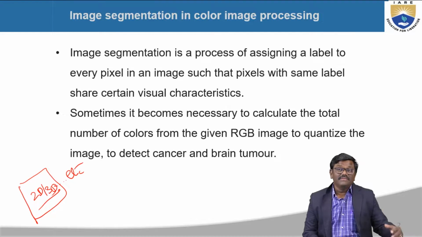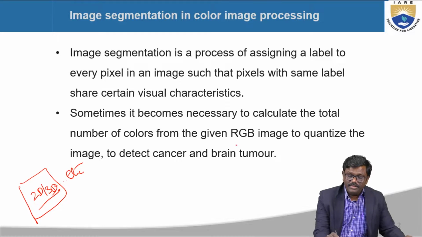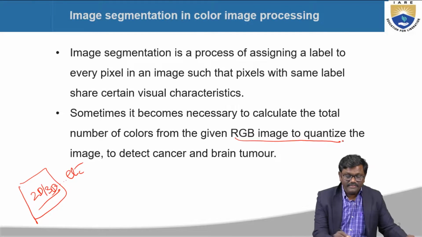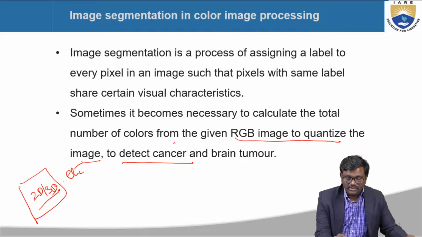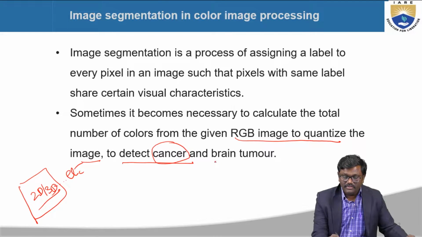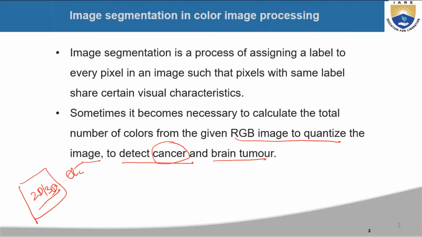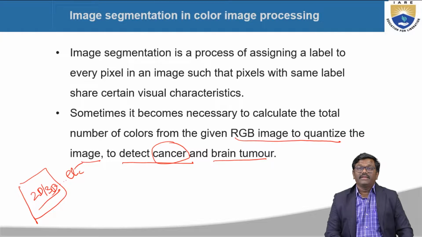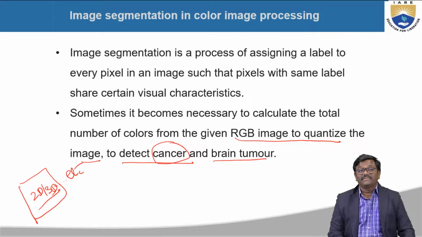Sometimes it becomes necessary to calculate the total number of colors from the given RGB image to quantize the image, especially to detect quantized cancer values from a brain tumor. So image segmentation is a process of assigning a label to every pixel in an image such that pixels with the same label share certain visual characteristics from the selected image.